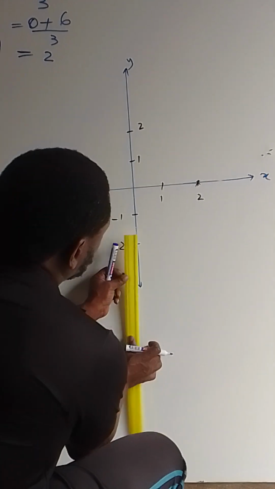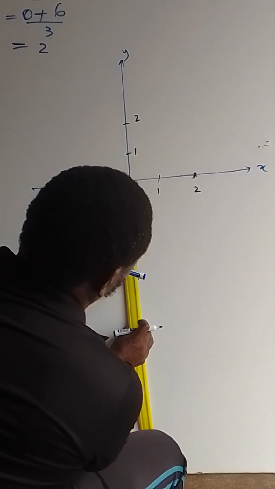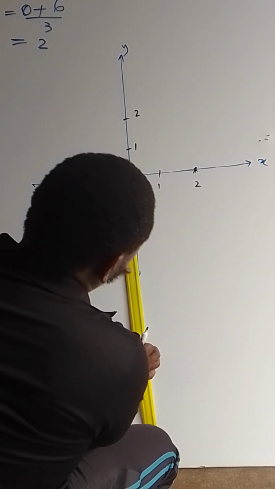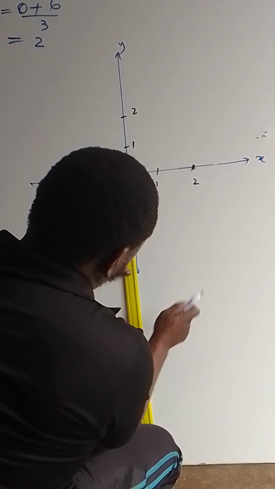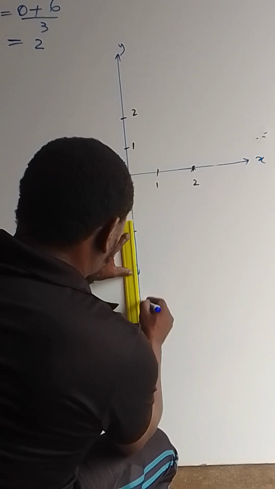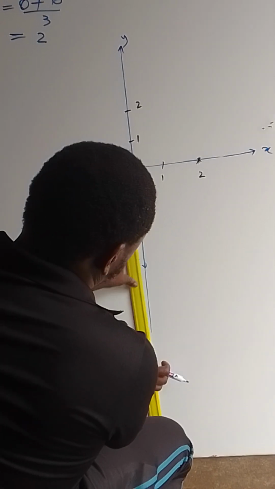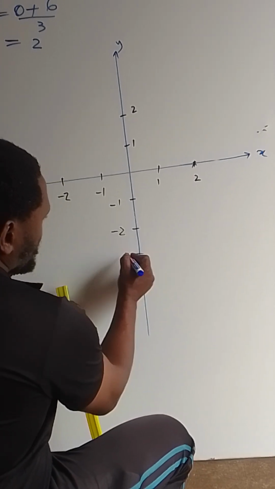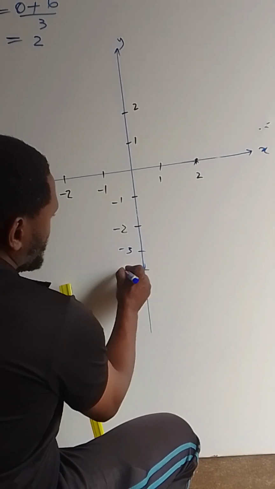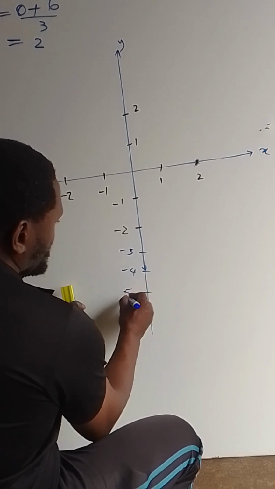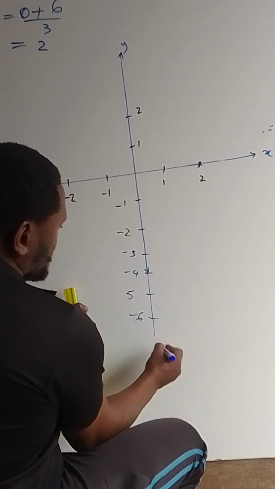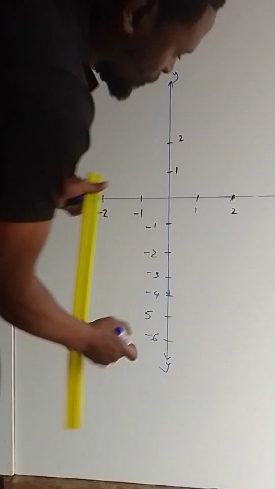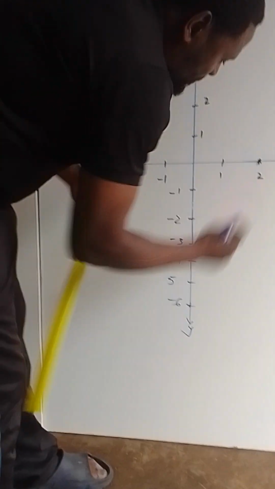Let me take it a little bit down. Our y is -6: -1, -2, -3, -4, -5, -6. There you go. Our graph is going to touch here and come there.